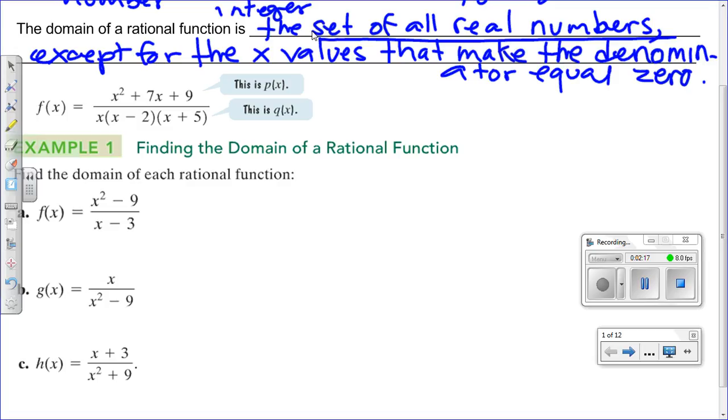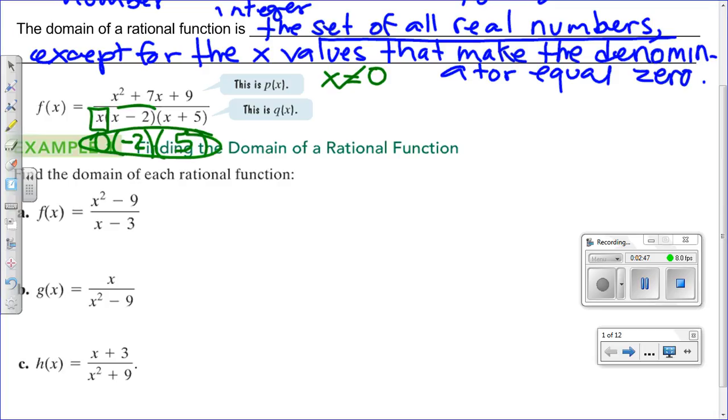Let's work with the example here because it is already in factored form. If x was equal to 0, you would have 0 factored here multiplied by a number and a number, so that will cause the denominator to equal 0. So that must be one of the exclusions. So x cannot be 0 when we're talking about domain.